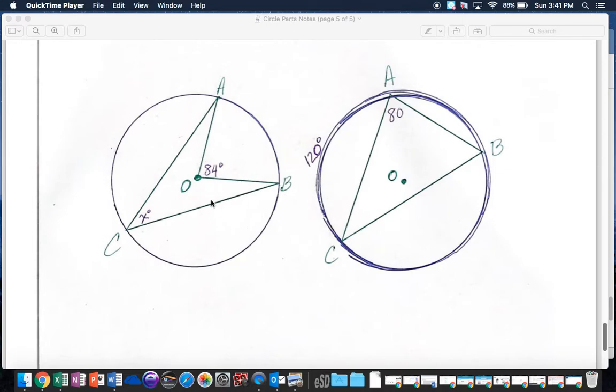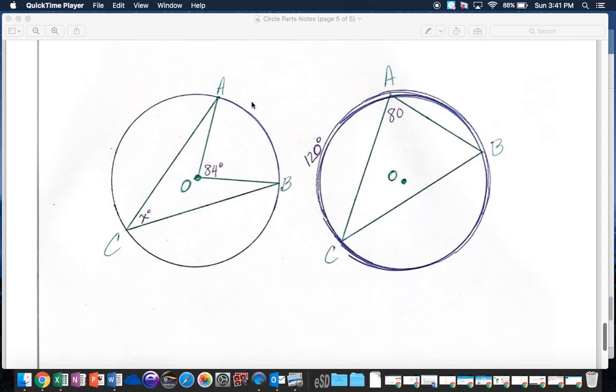And what are their intercepted arcs? For the central angle, the portion of the circle that it's eating is arc AB. For the inscribed angle, ACB, that's the same arc. So the measure of the central angle and its arc are the same. 84 makes this 84.